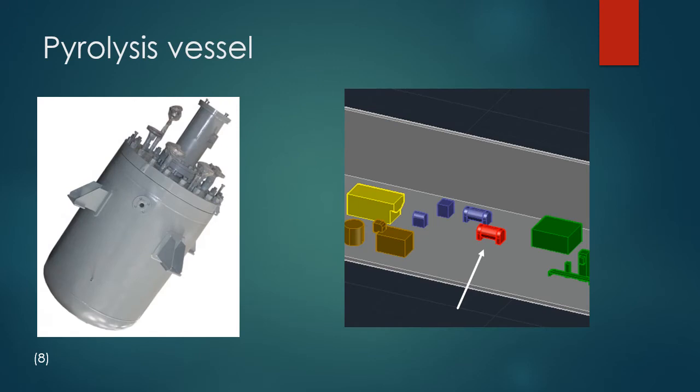After the dryer, the food solids reach their last step, which is the pyrolysis step. The dried food solids are moved into the pyrolysis vessel, where they will be made into biochar. Shown here in the model in red is a pyrolysis vessel.